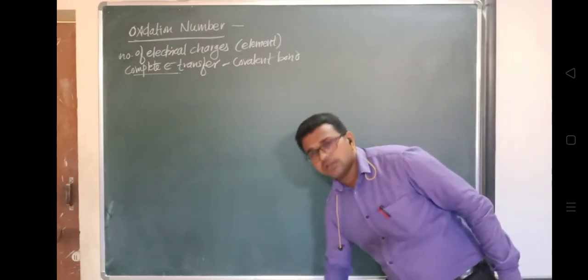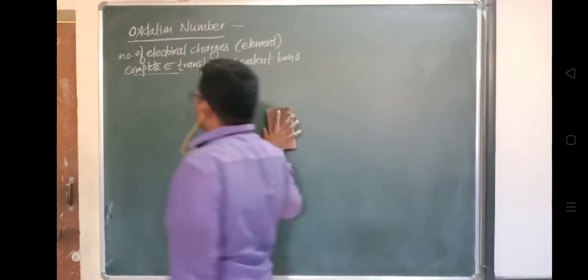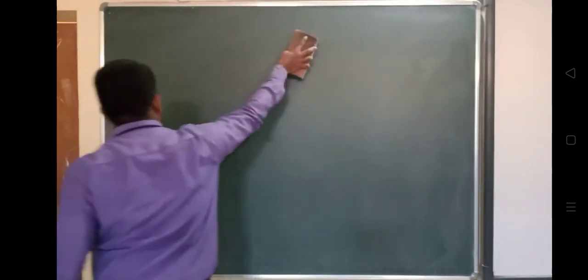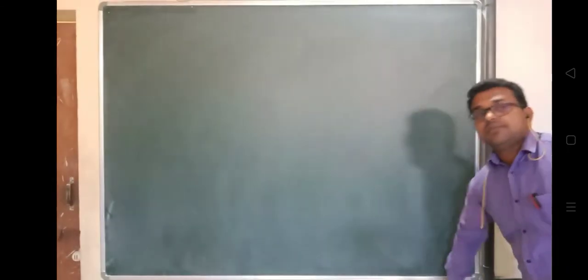How to predict and calculate the oxidation number of an element in a compound, because the term oxidation number is not related to a complete compound, it is related to a particular element in that compound.